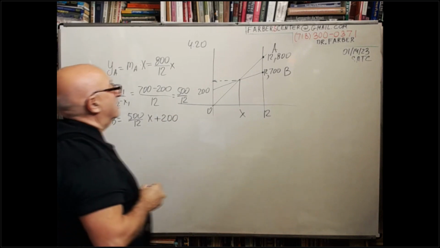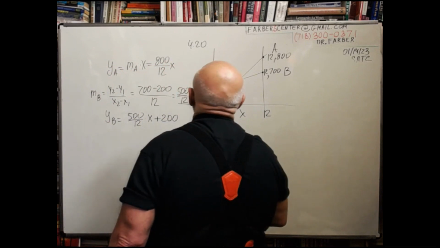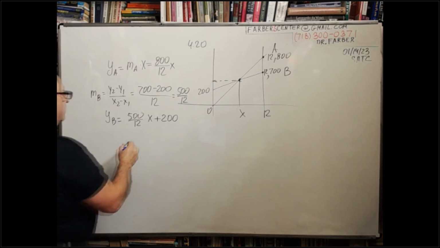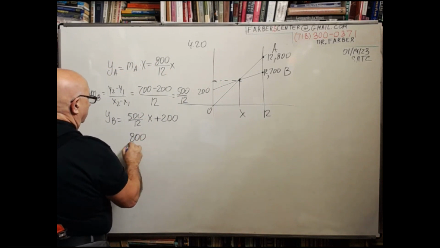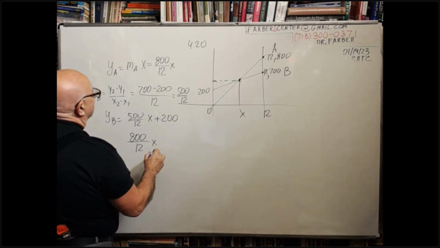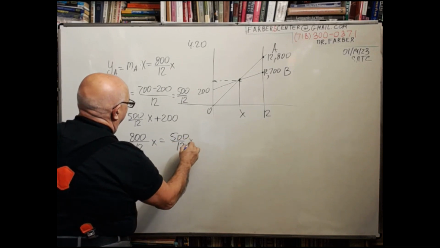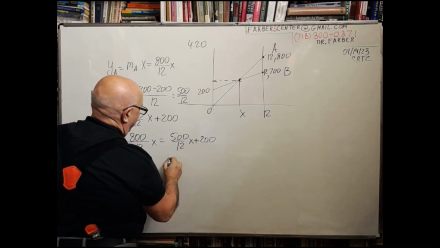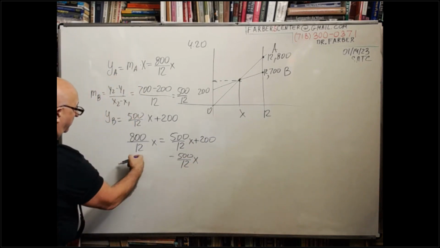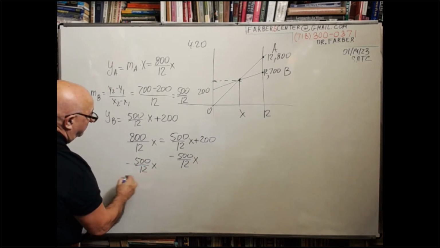Now, since they have a point of intersection, they have the same value. All right, make them equal to each other. You have 800 over 12x equals 500 over 12x plus 200, minus 500 over 12x on both sides.